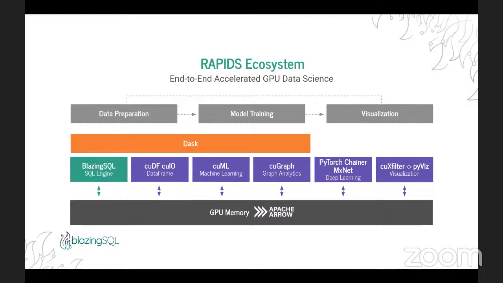In the whole Rapids ecosystem, BlazingSQL sits roughly around the ETL stage, same as cuDF. Any call to the BlazingSQL engine that starts with bc.sql will return a cuDF data frame, or a Dask cuDF if you run on a Dask cluster.